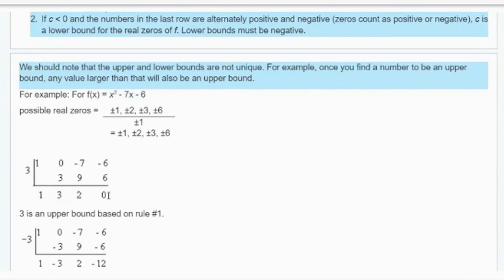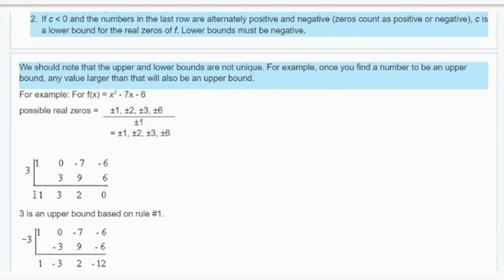All of the numbers on the bottom row are positive numbers or 0. When that happens, that means 3 is an upper bound. There's no need to test 6, because there's no possible way that 6 is a real zero for this.